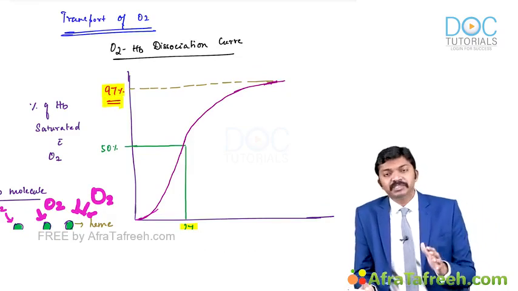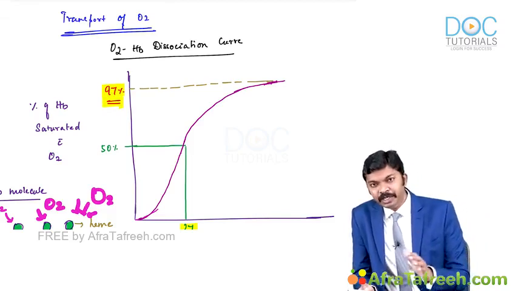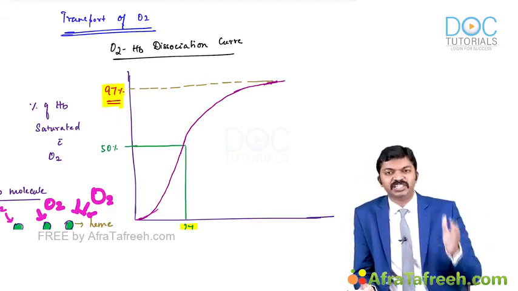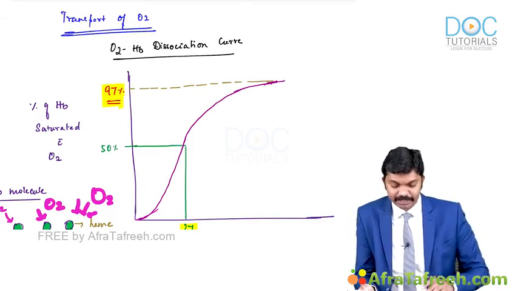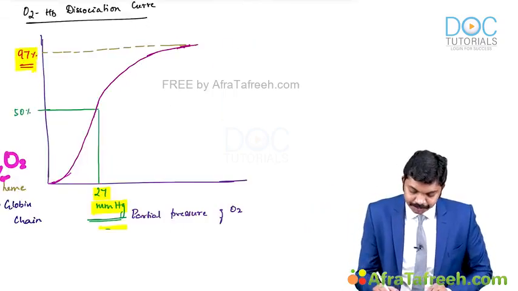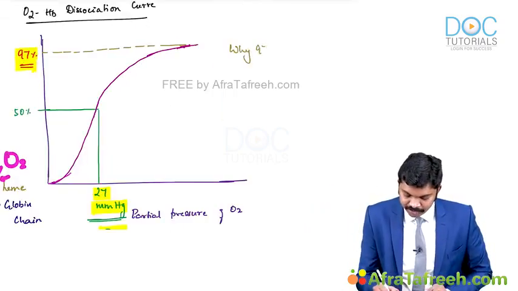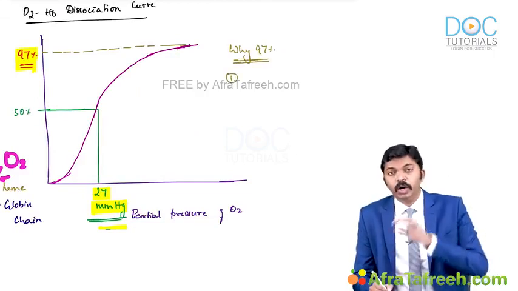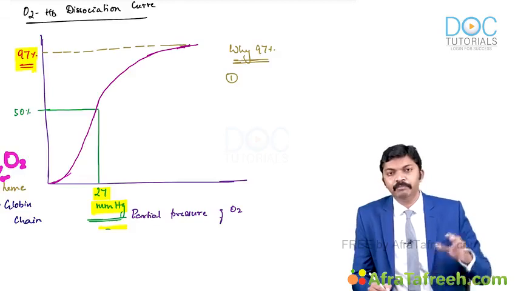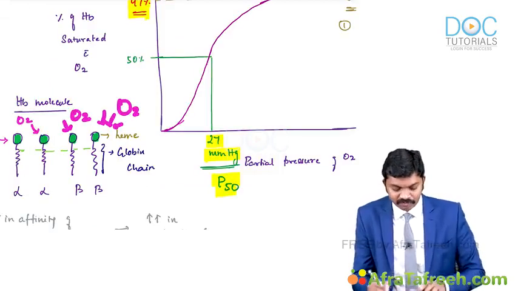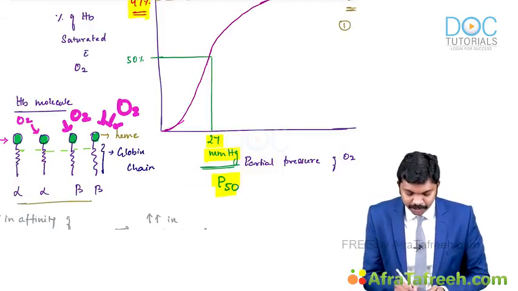The maximum saturation of hemoglobin that can be seen with normal partial pressure of oxygen is just 97%. So, question number 1, why 97%, why not 100%? Because not all the hemoglobin present in the body belongs to the same category of alpha 2 beta 2 chains.